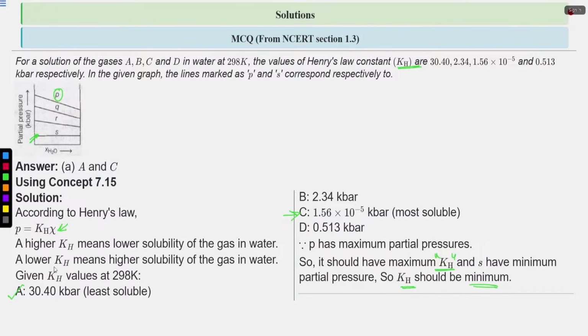KH maximum is for gas A and KH minimum is for gas C. So P corresponds to gas A, and S corresponds to gas C as per their KH values, which are given in the question. So the correct answer is option A, which is A and C: A for the P line and C for the S line.